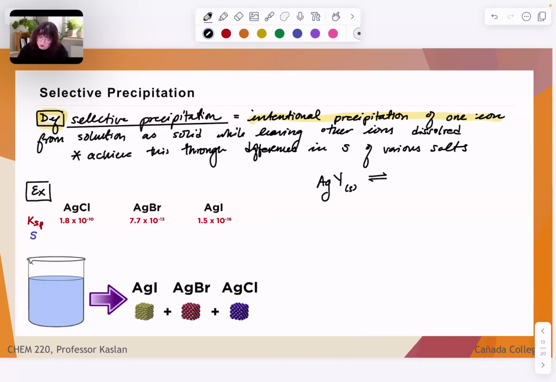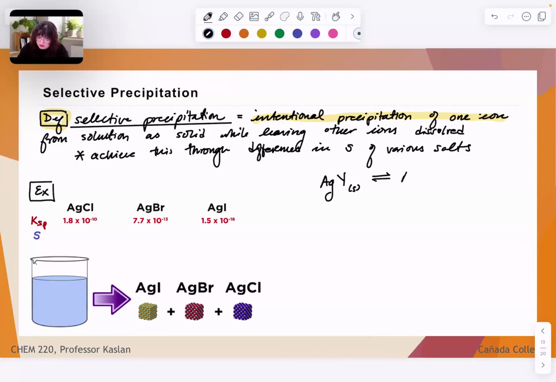If that were to exist at its point of saturation, there would be an equilibrium between the silver ion dissolved and the anion associated with that silver ion, meaning that the KSP is equal to the concentration of the silver ion times the concentration of the anion.